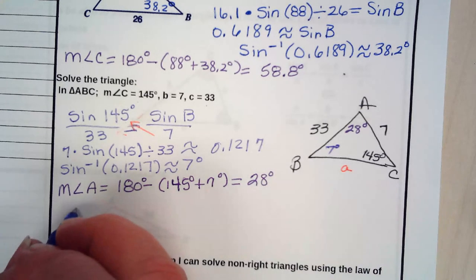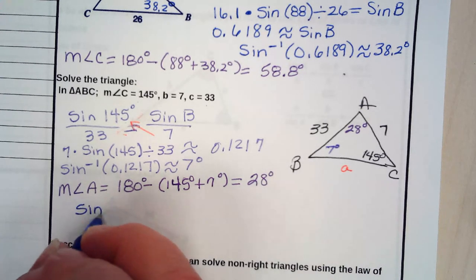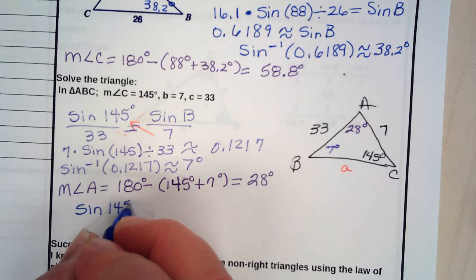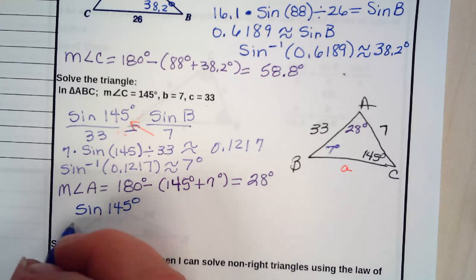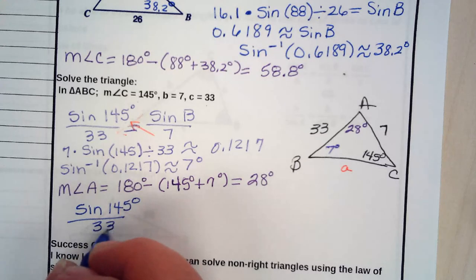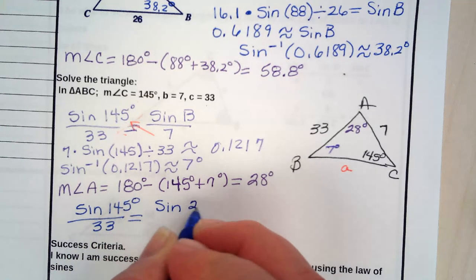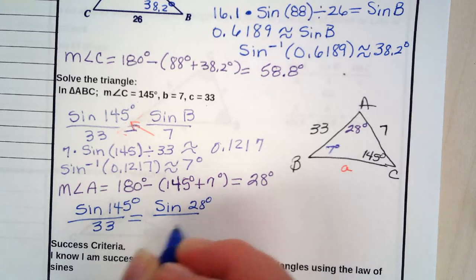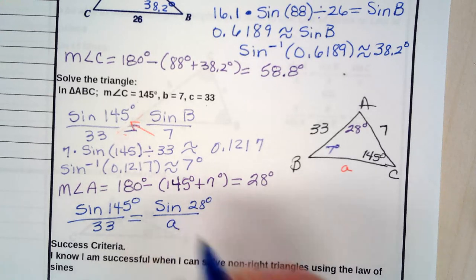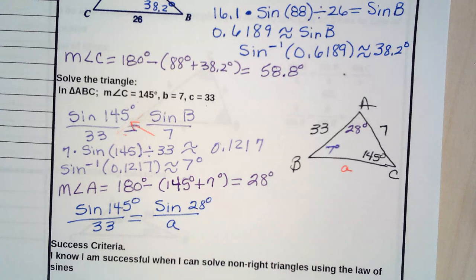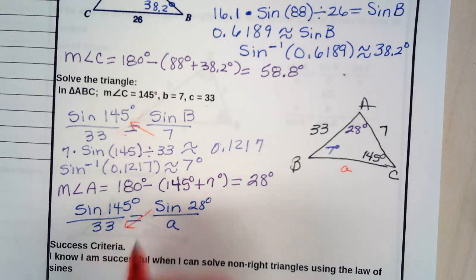So we start off with the sine of 145 degrees divided by 33 will be equal to the sine of 28 degrees divided by A. Multiply and then divide.